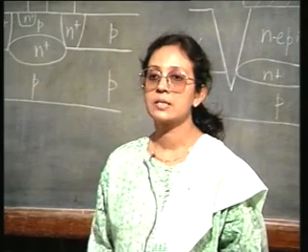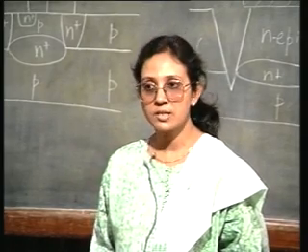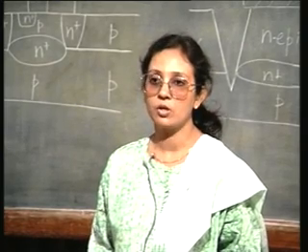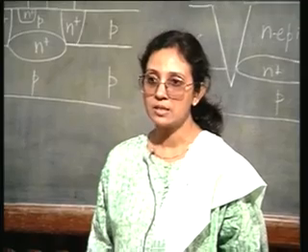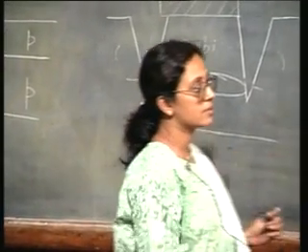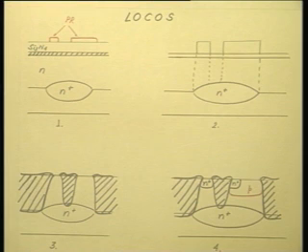So, now it is a selective oxide isolation, or referred to as LOCOS, local oxide isolation. That is the most prevalent technique today. So, if we look at the next card, we will find how a LOCOS isolation is taking place.